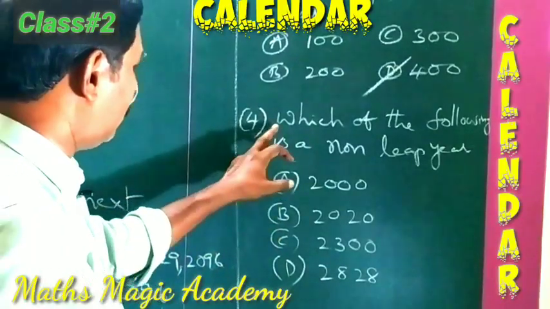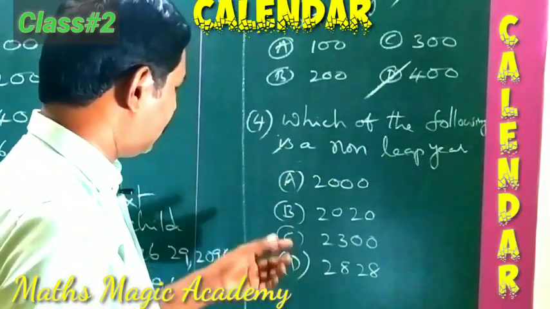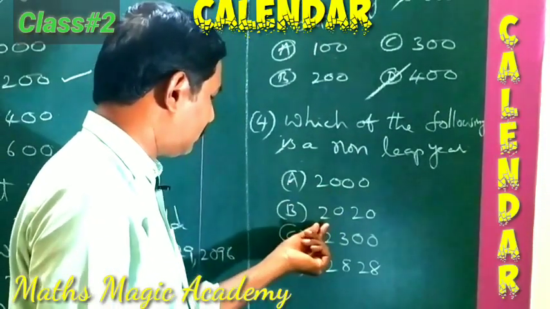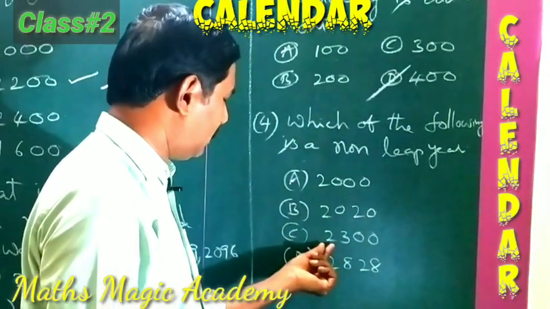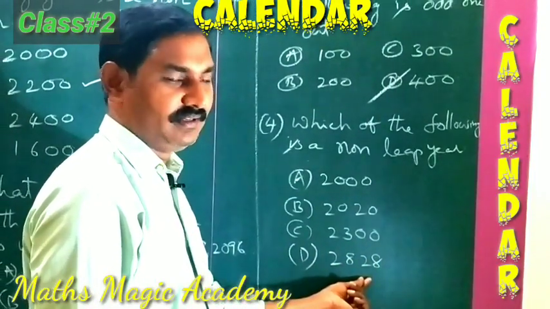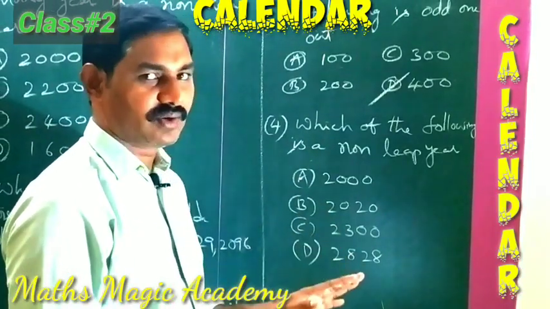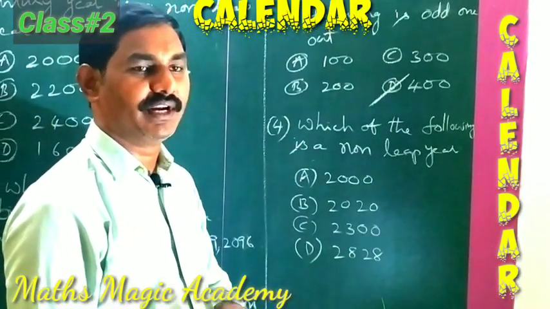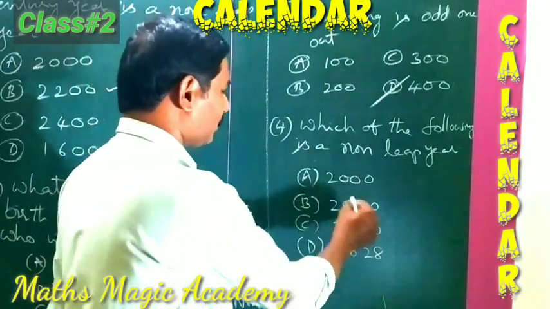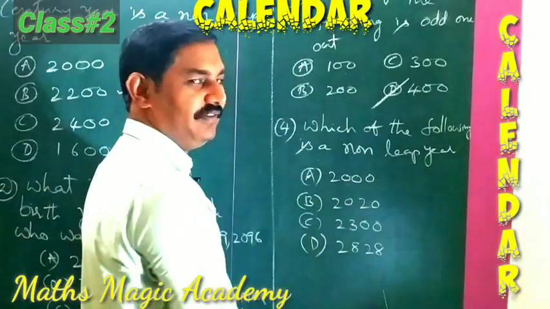Next, question number 4. Which of the following is a non-leap year? Options: 2000, 2020, 2300, 2828. You can observe that if it is a century year, you have to check whether it is a multiple of 400 or not. Here 2000 is a multiple of 400, so it is a leap year.